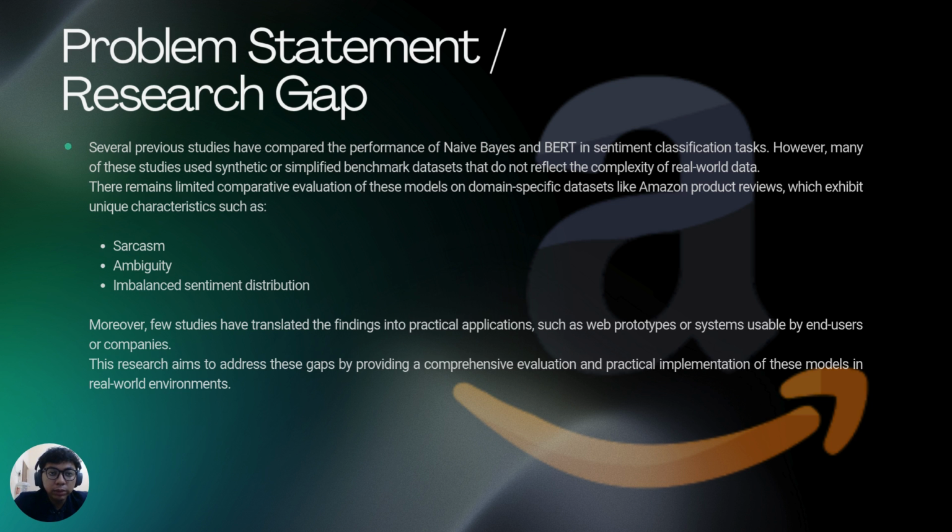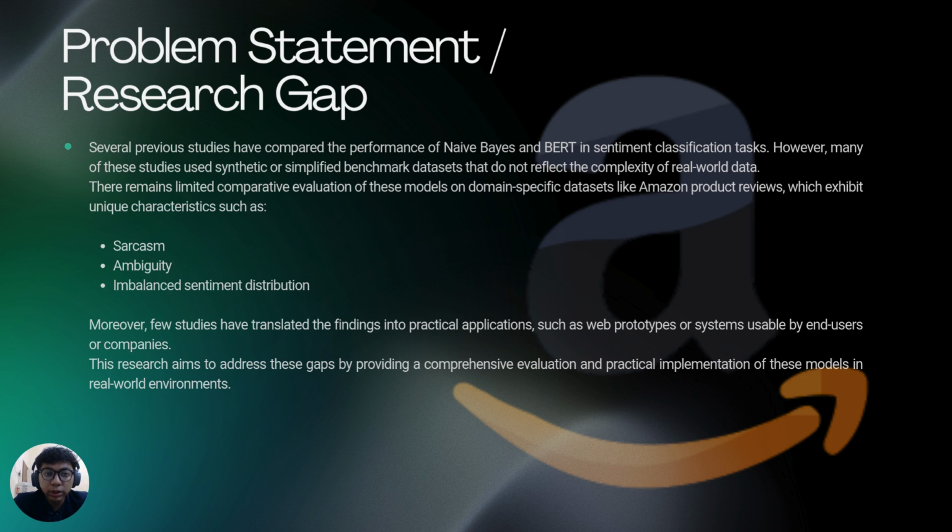So our problem statement or research gap is that several previous studies have compared the performance of Naive Bayes and BERT in sentiment classification tasks. However, many of those studies used synthetic or simplified benchmark datasets that do not reflect real-world data.